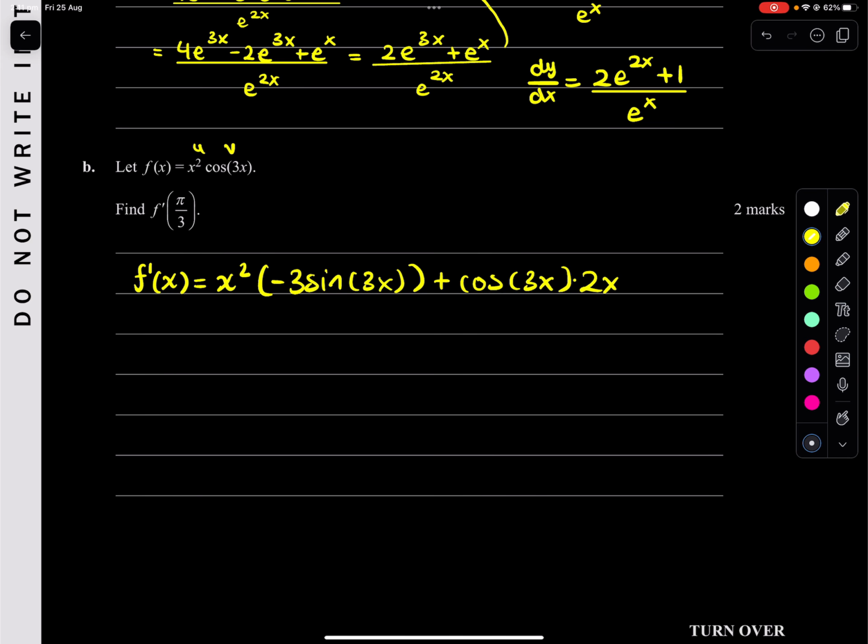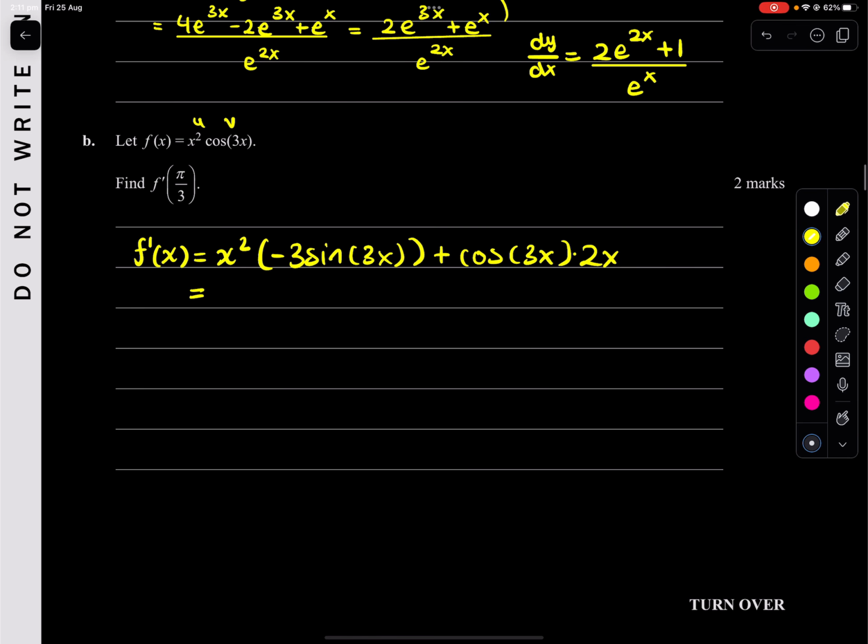Yep. And so, I mean, you don't need to simplify it, but let's just simplify actually. So, negative 3x squared sine 3x plus 2x cos 3x.